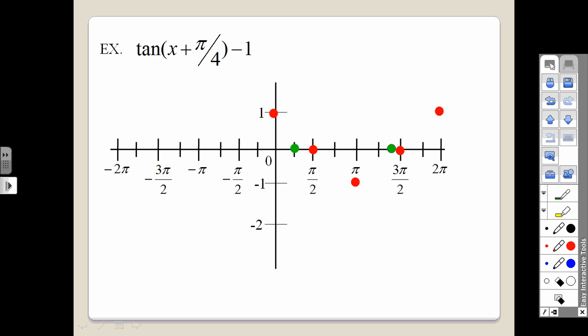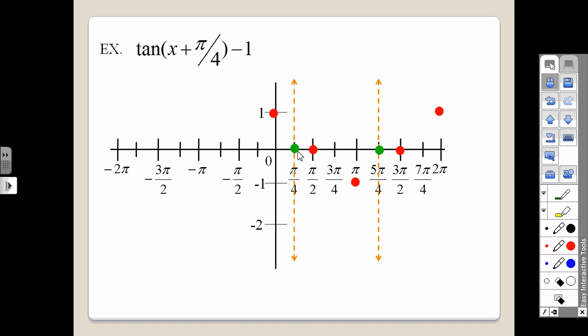But this point also is going to move right there, because that was also a 0. So that's actually where my asymptotes are going to be. If I plug in these values, this is at pi over 4 and at 5 pi over 4. I'm now going to have my asymptotes right there.